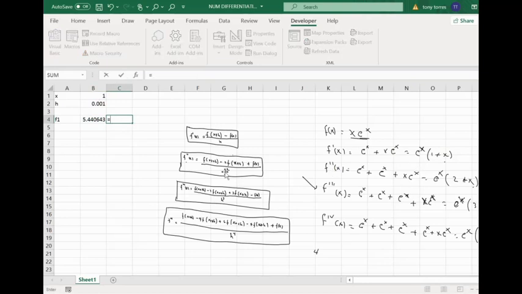That would be equal to the exponent of x, which is this value here, times 1 plus x. Good. About two decimal places, 5.44. I can't complain. That's good.